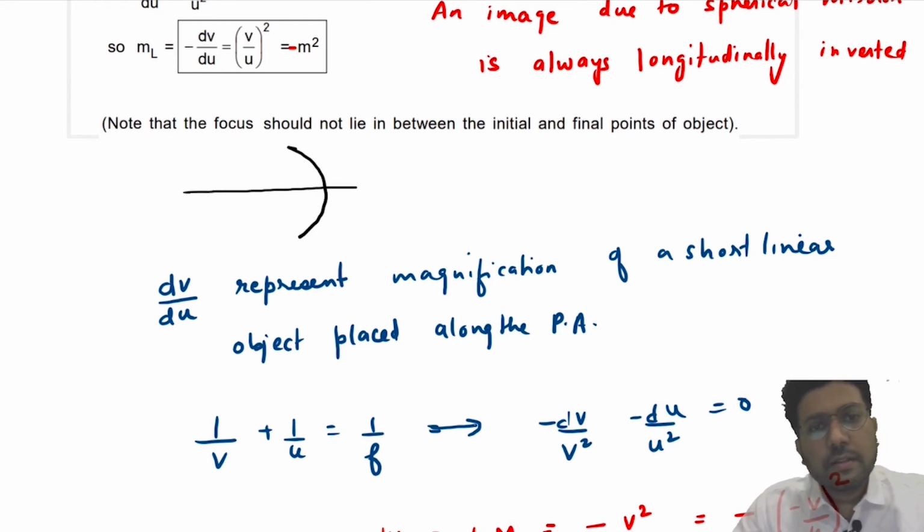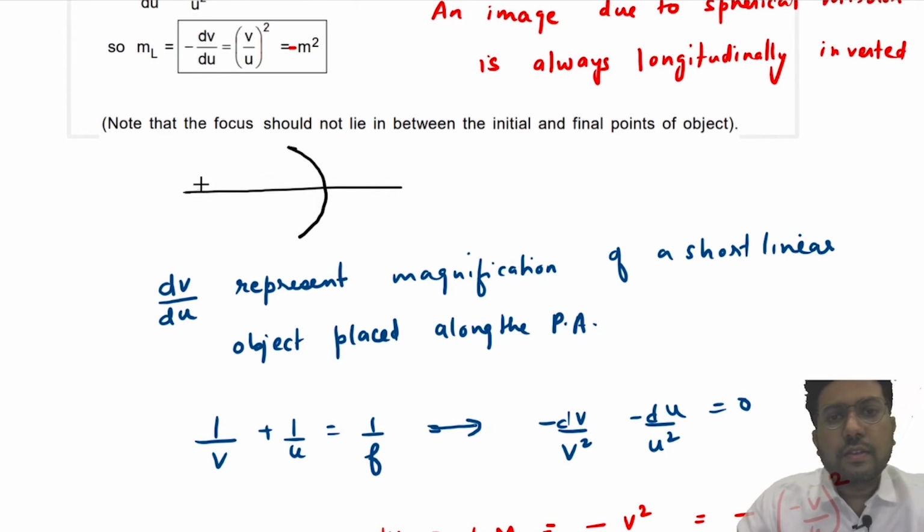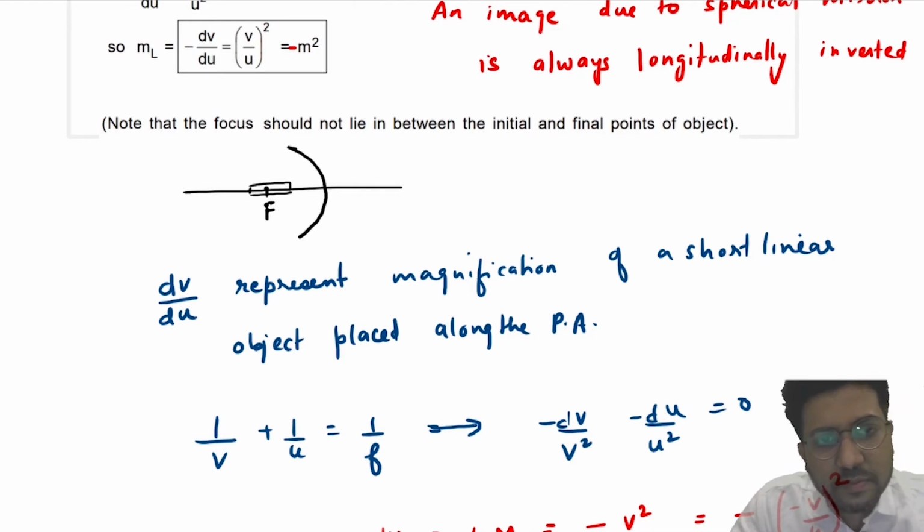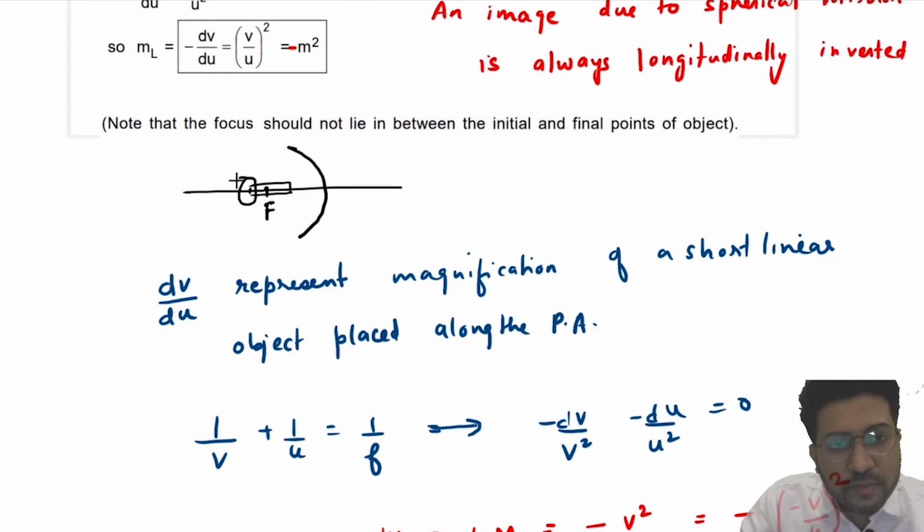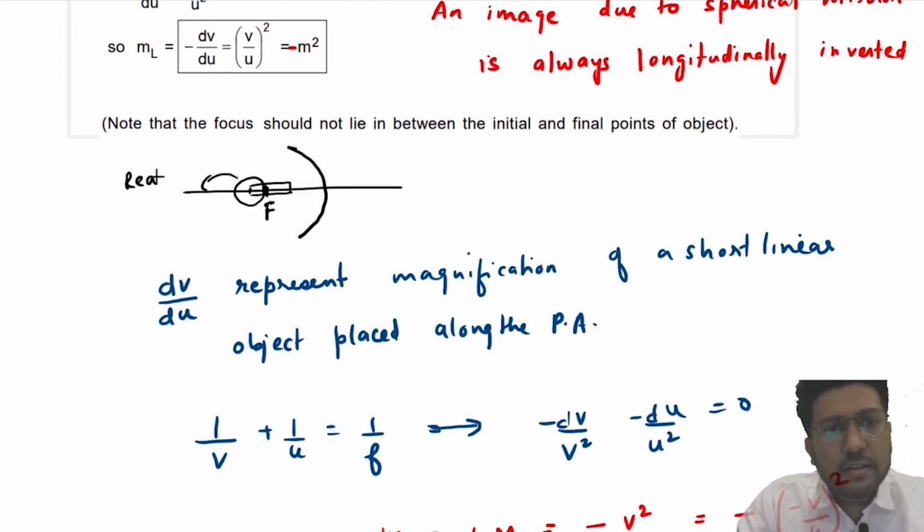See, the focus is here. Suppose the object is placed like this. Then this part of the object will form a real image, and this part will form a virtual image, because this is inside the focus, right?